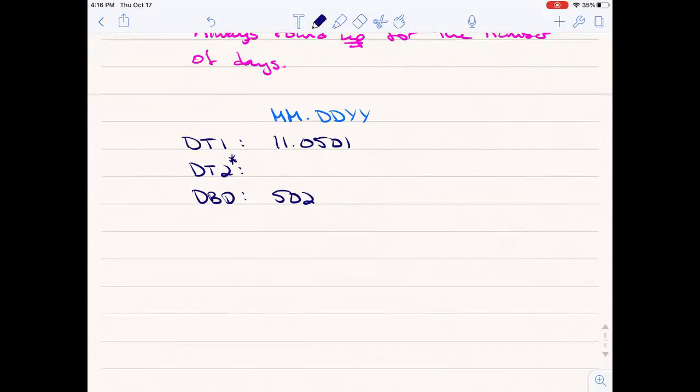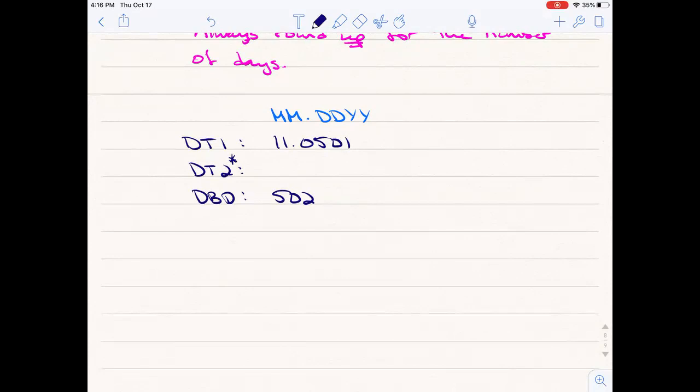So again, we can go in our dates function, and I'm going to do 11.0501, enter. Make sure you hit enter. Scroll past date 2 because we're going to go back and compute it. Days between dates, 502, enter.